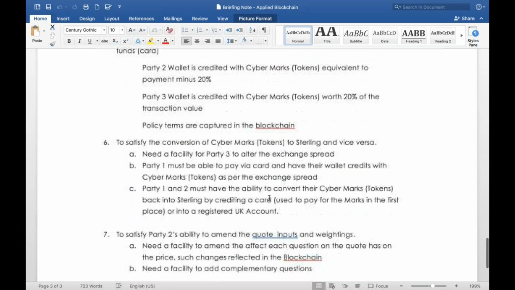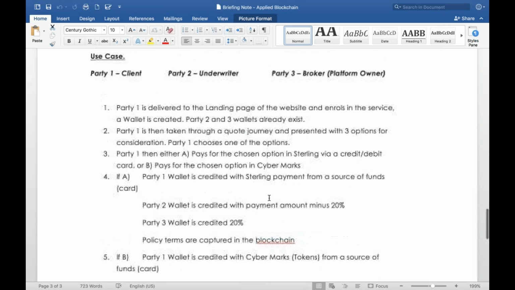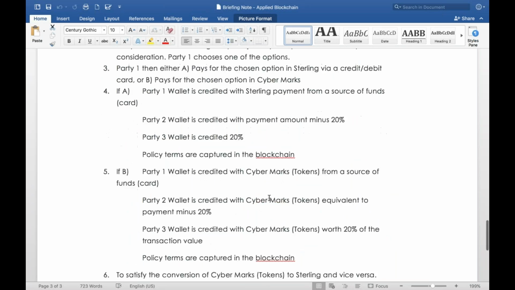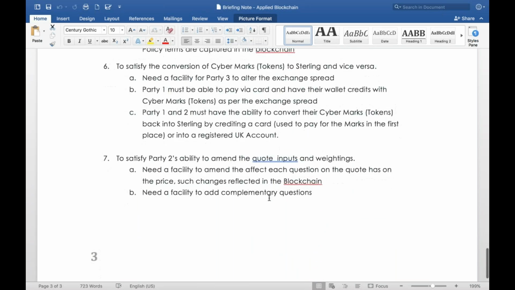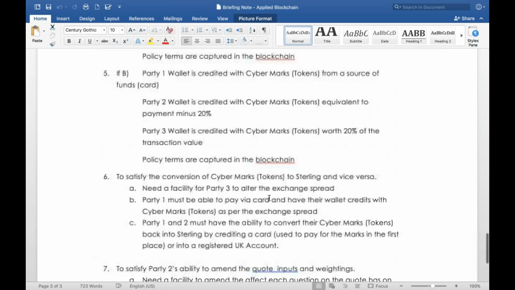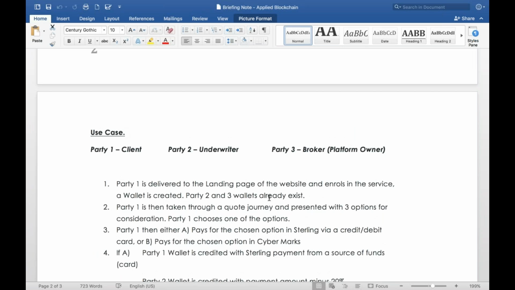Whatever changes they make should be possible to store in blockchain, and we need a facility to add complementary questions. But I don't really understand this last point, because whatever we discussed, there will be a component that sends all the questions and works through the code journey. So this last point means that we are handling that.